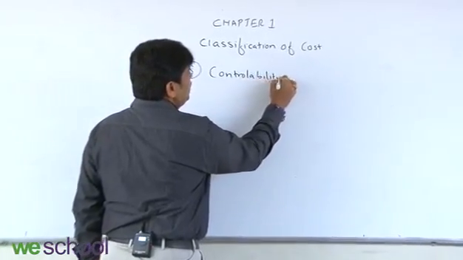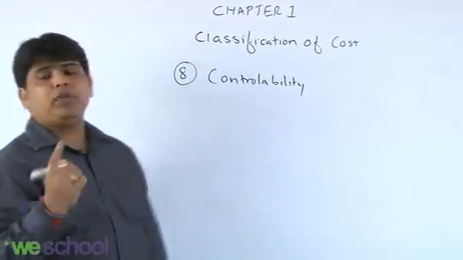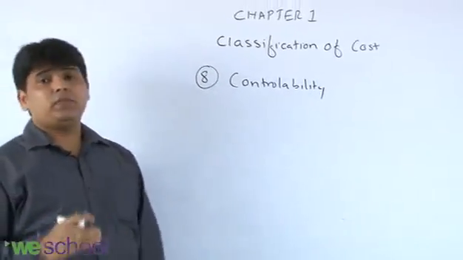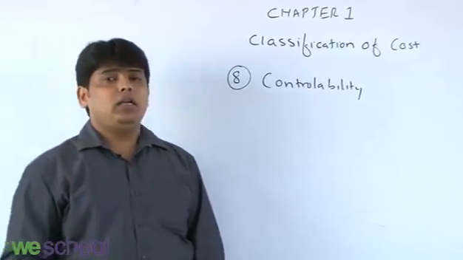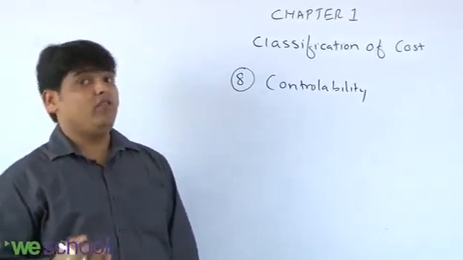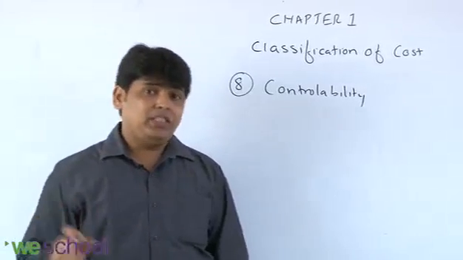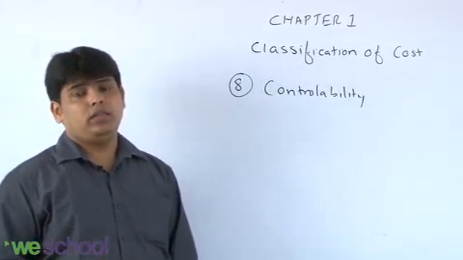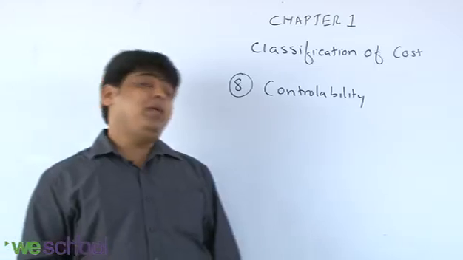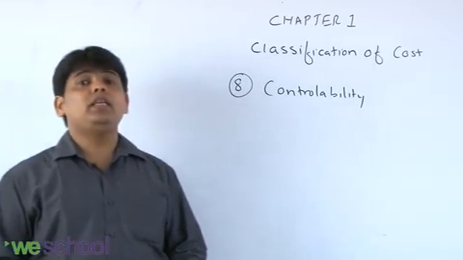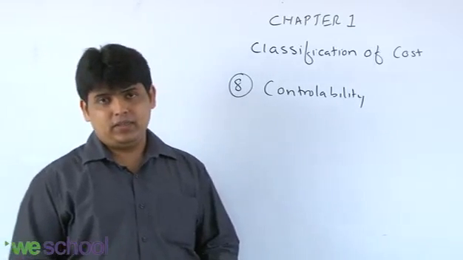I told you all the classification was revolving around the previous method. Controllability means the expenses which can be controlled and the expenses which cannot be controlled. Again, variable and fixed. Fixed expenses cannot be controlled, they are fixed, whereas variable expenses can be controlled by taking various control measures.